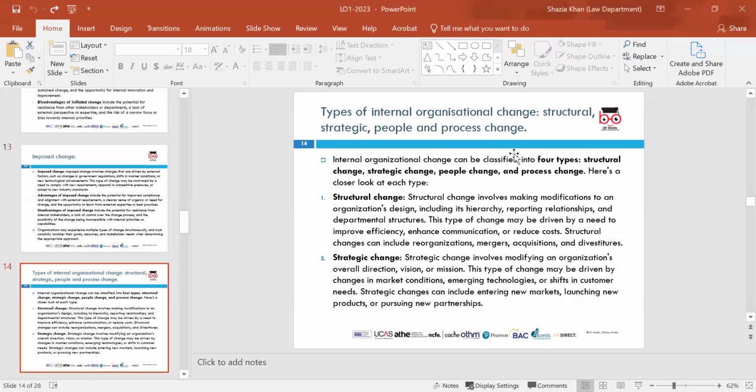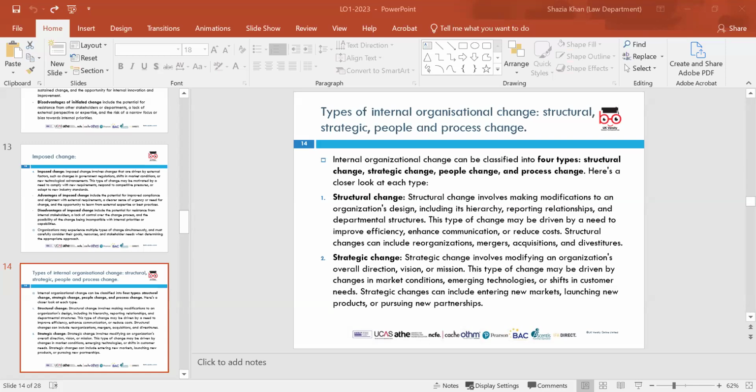Now we're going to go on to types of internal change: organizational and structural, strategic, people and process change. So structural change involves modification in regards to elements of the structure of the organization. So it could be the hierarchy, there could be a shift in the way the industry or the market functions.